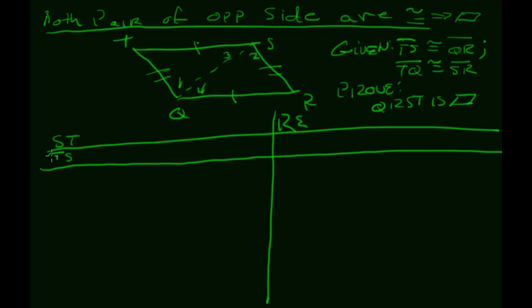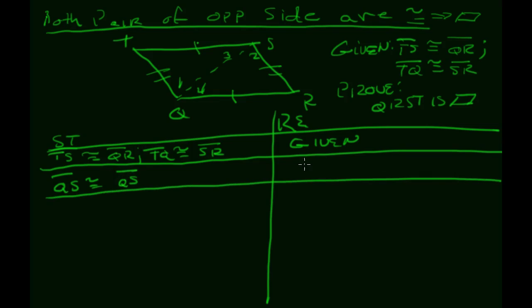All right, so let's just get all the givens on the board. Segment TS is congruent to segment QR. Segment TQ is congruent to segment SR. And we know this because it's given. A real easy move to make here then is to say that segment QS is congruent to itself.